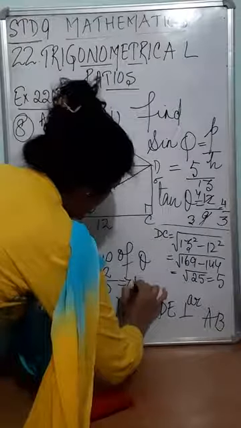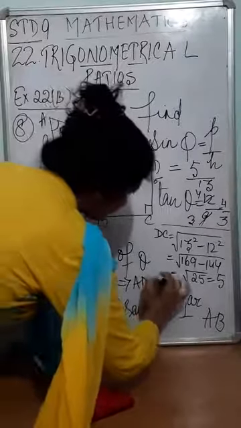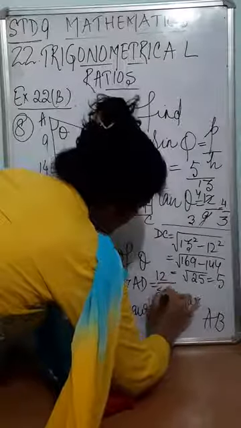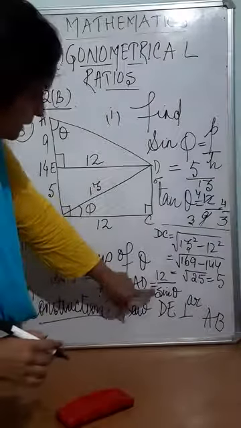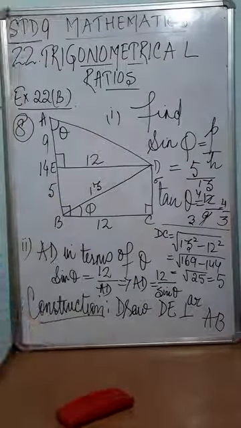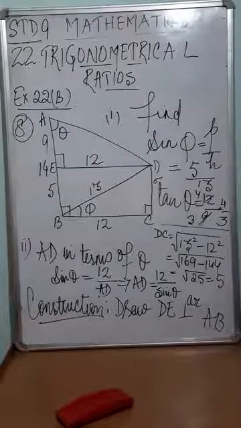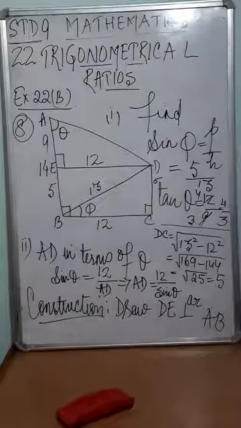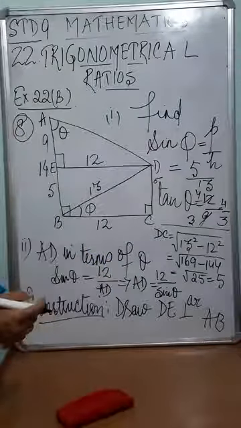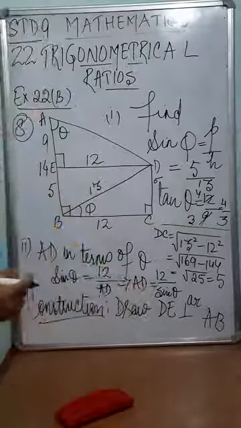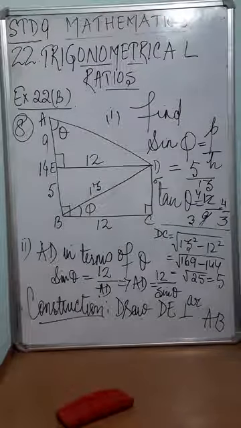This implies AD is equal to 12 by sine theta, or 12 cosec theta, since 1 by sine theta is cosec theta. So this is part 2.